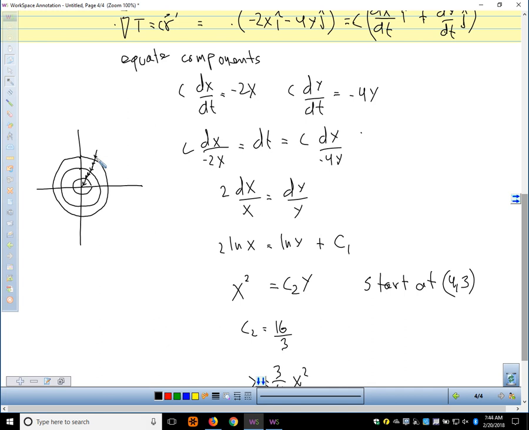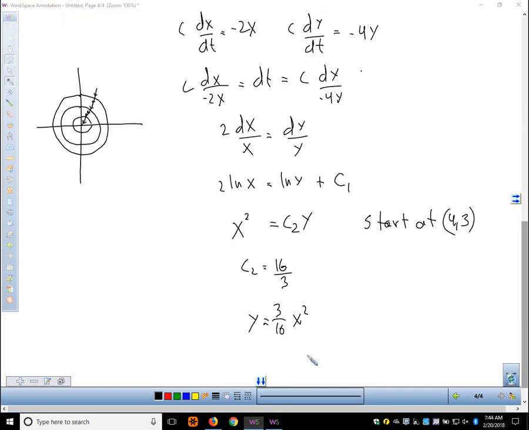If the level curves were circles, the heat-seeking particle would move in a straight line. So that would be the path of that particle on that plate, if it starts at that particular point.